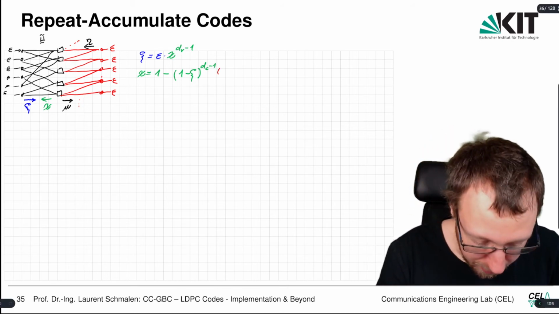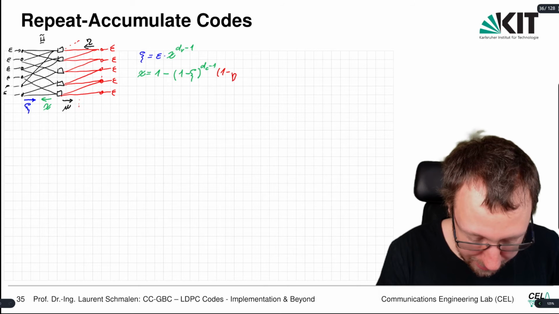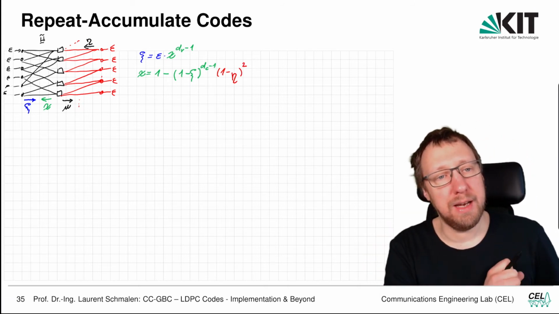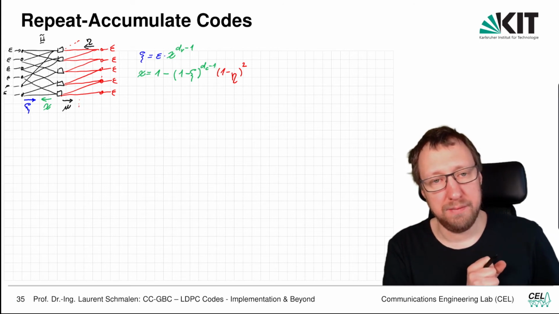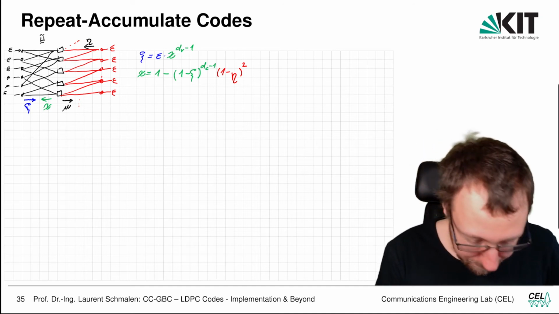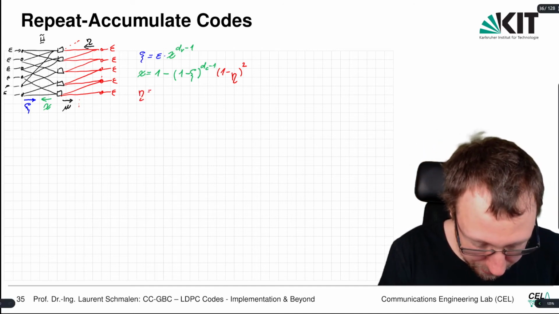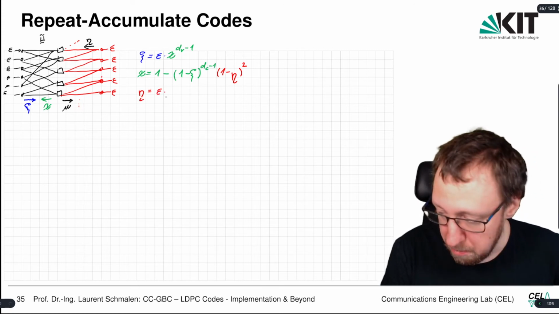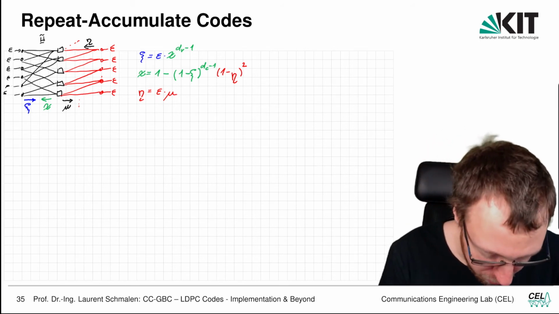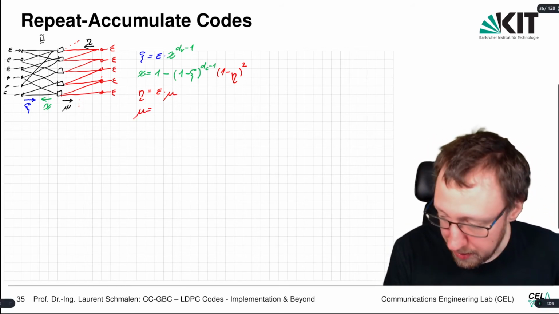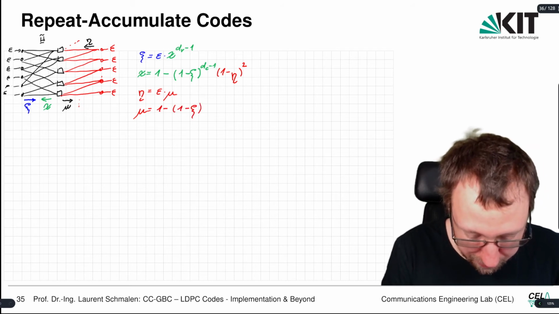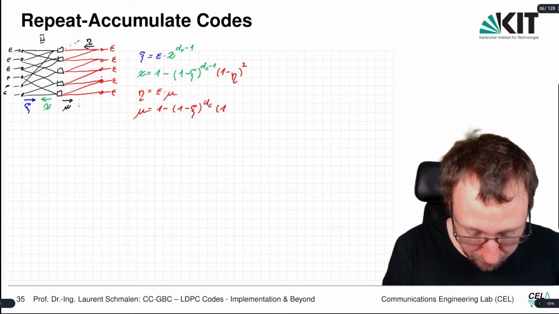So this is 1 minus eta to the power 2, because we have 2 messages that are incoming from the right variable node. So what is eta? Eta is essentially epsilon times mu. And what is mu? Mu is essentially 1 minus (1 minus xi) to the power dc times (1 minus eta).